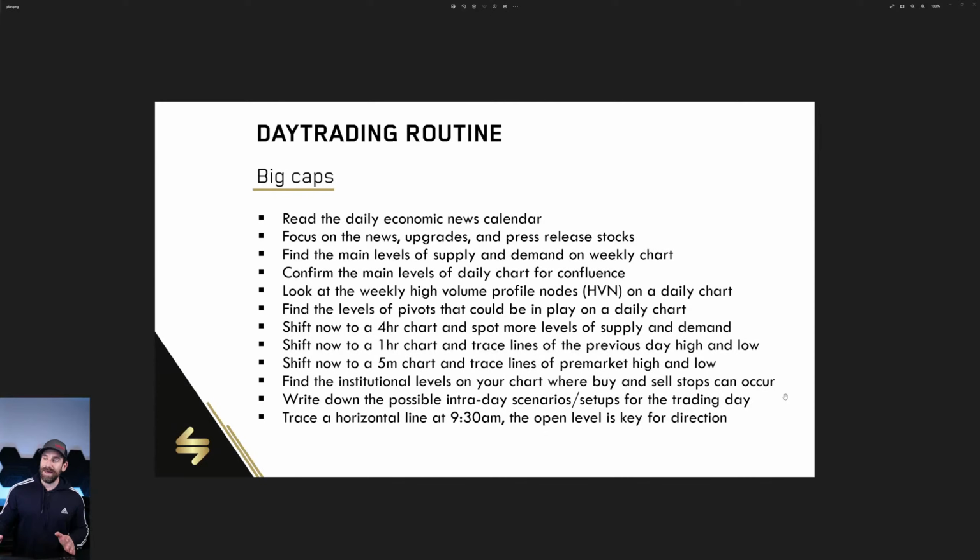So that means write down the possible intraday scenarios, setups for the trading day. Okay, not one plan or two. I generally generate between 3 and 5 plans, and I know exactly the setup that I'm going to trade. And if that setup is reversing, if something is changing, I know exactly what I'm going to trade in that moment.